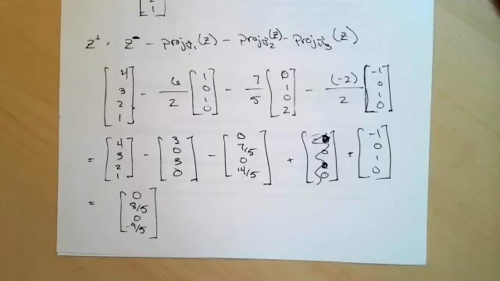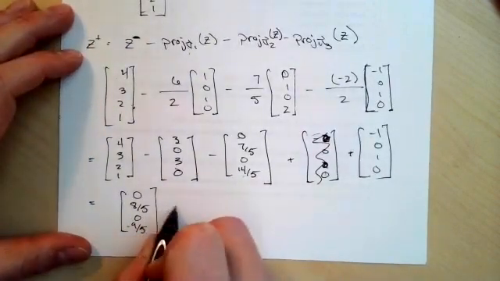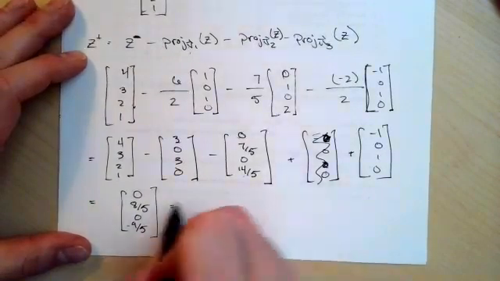Did I miss any of the calculations somewhere? 5 minus 14 gives us 9. So this should be able to be chosen as our U4. Let's check it though.